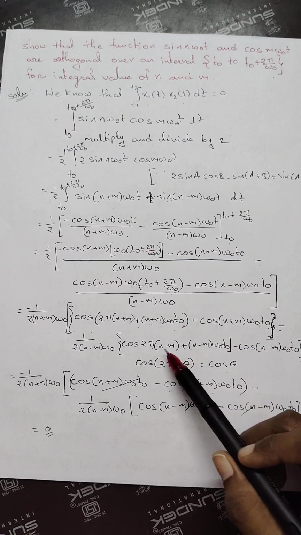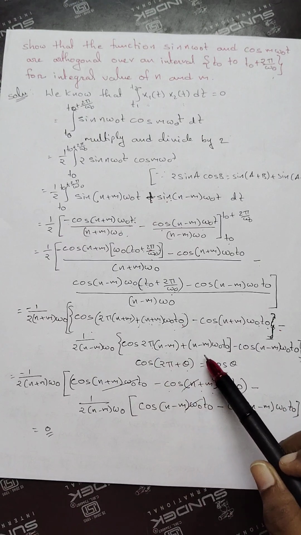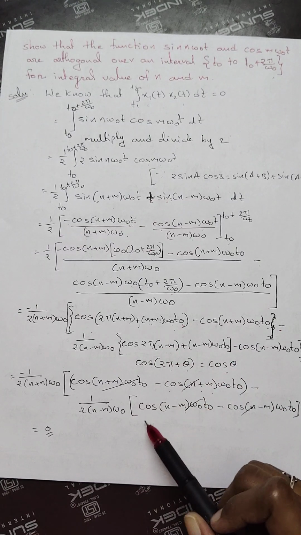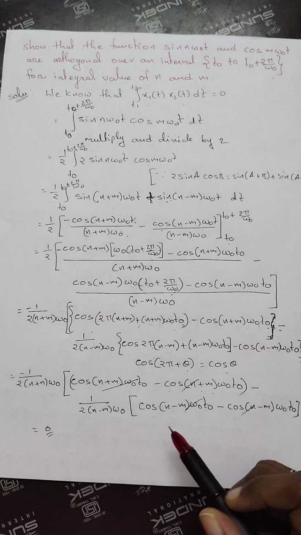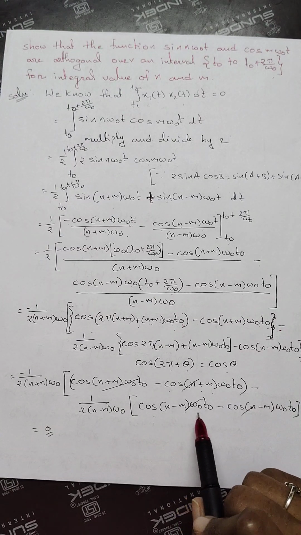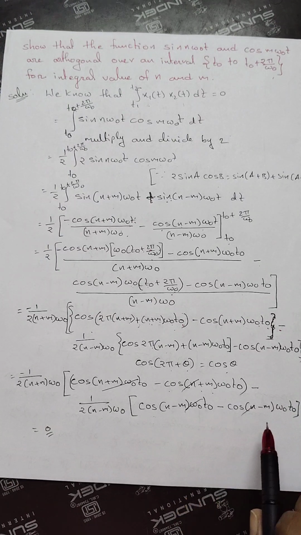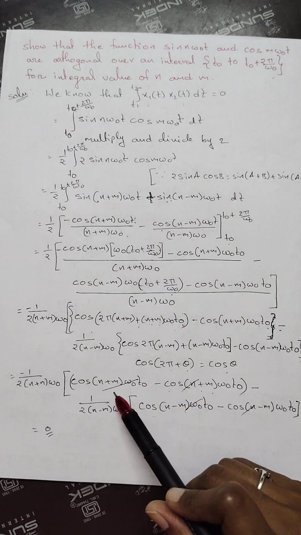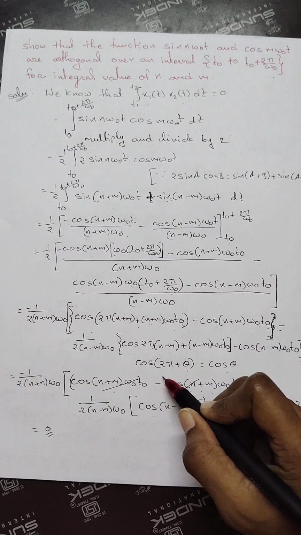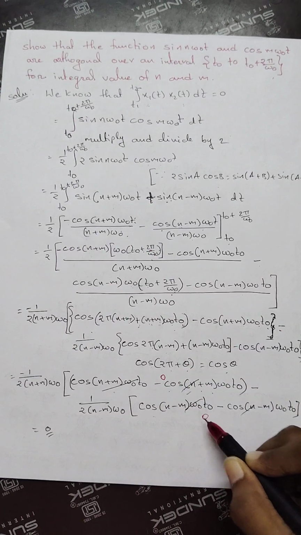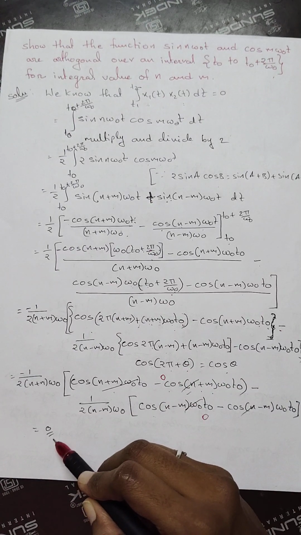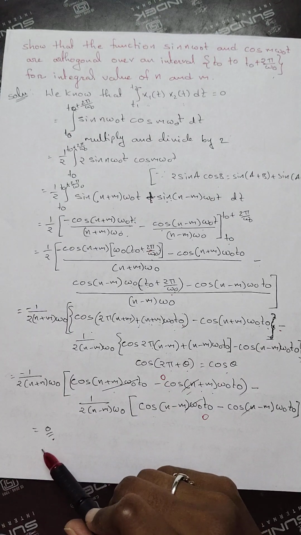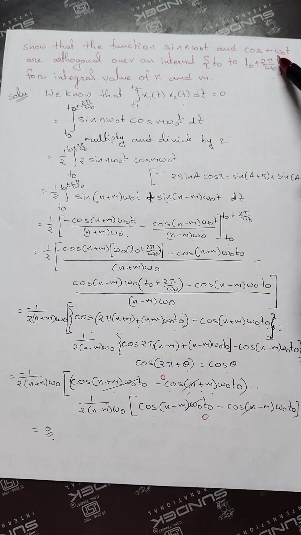In the same way, this is also in the form cos(2 pi plus theta), so we write cos((n minus m) omega naught t naught) minus cos((n minus m) omega naught t naught). These terms cancel, so this value is 0 and that value is 0, and we get 0. Hence sin(n omega naught t) and cos(m omega naught t) are orthogonal to each other. Thank you.